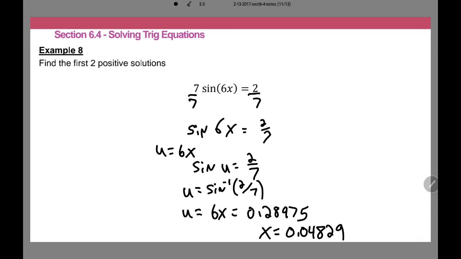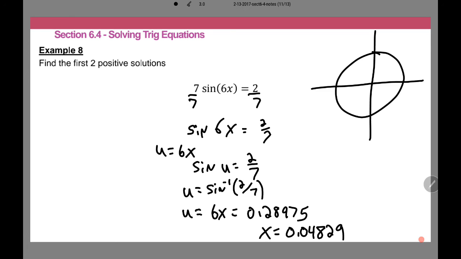The second one's a little trickier because we've got to remember our u value is somewhere over here, and I need my other u value to be pi away, that number subtracted from pi. So my other value for u, my other value that 6x equals to, is pi minus 0.28975.